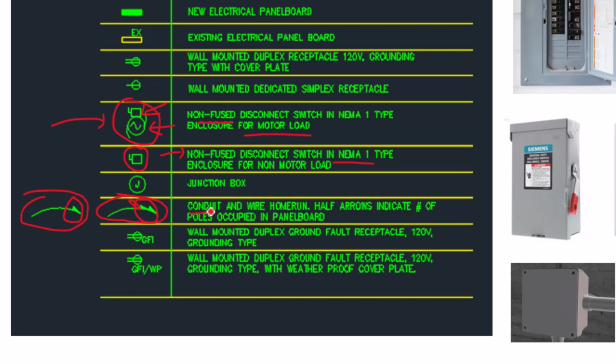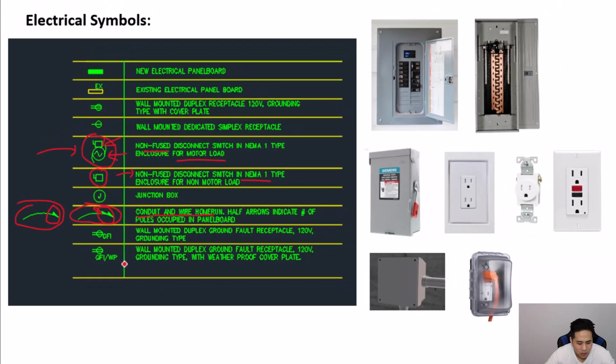So it's a conduit and wire home run. Half arrows indicate number of poles occupied in panel board. Home run just means that the wiring is going straight to, or coming straight from, the panel to that equipment. And you'll see how these will be used once we go over a plan.